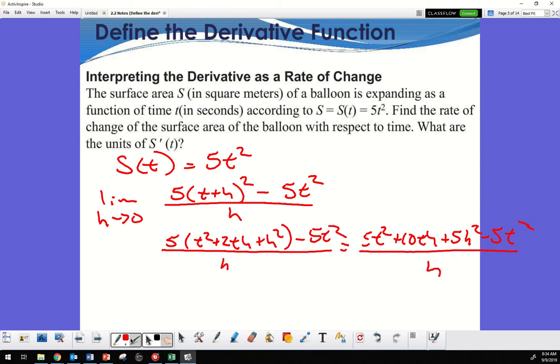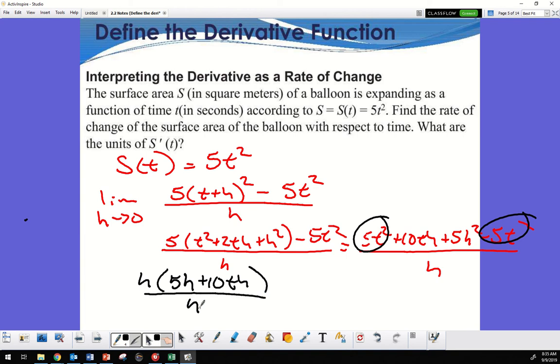When I go through and circle things, this and this go away, and I can factor out an h, and I'm left with 5h plus 10th over h.